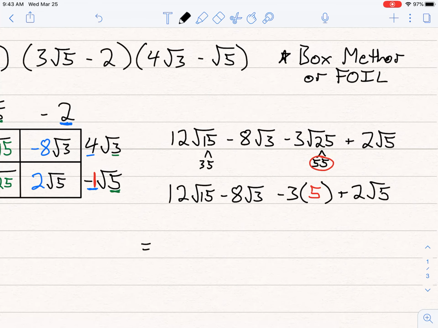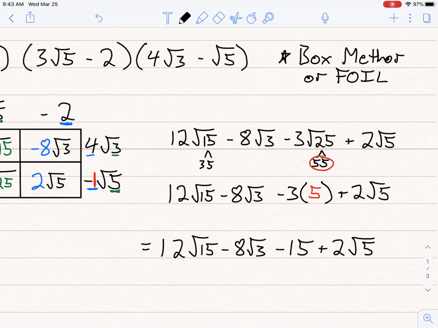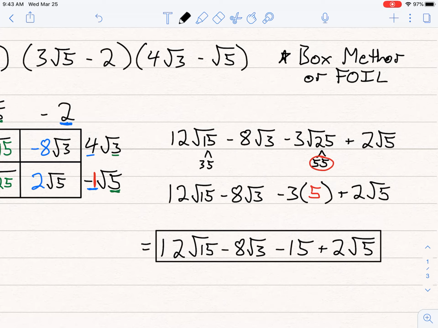So I have a final answer of 12 square root 15 minus 8 square root 3 minus 15 plus 2 square root of 5. Now, I know I'll get this question. The order doesn't necessarily matter when it comes to having your plain numbers without radicals at the end, or if you should have higher radicals in the front versus in the back. The order doesn't matter as long as you get all of the expressions in that term.